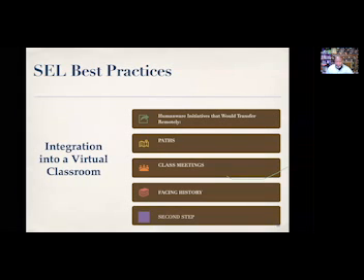So PAVS has resources being made available for all our K through 8s, our elementary schools. Second Step has resources being made available. They have a lot of great resources.